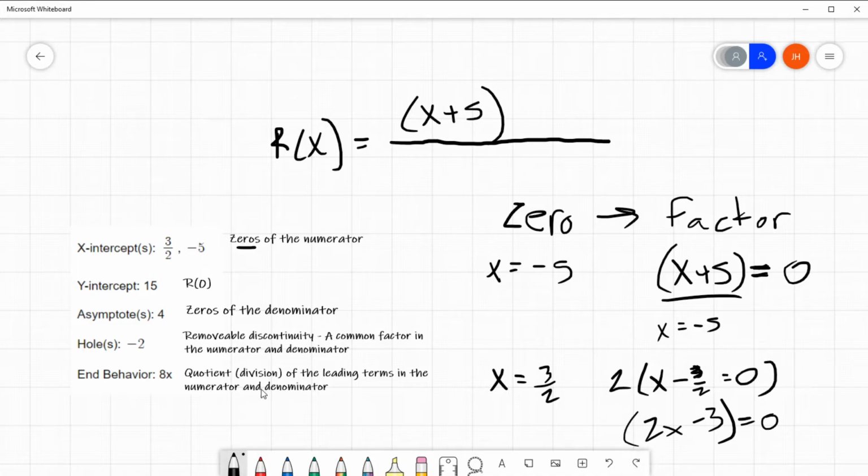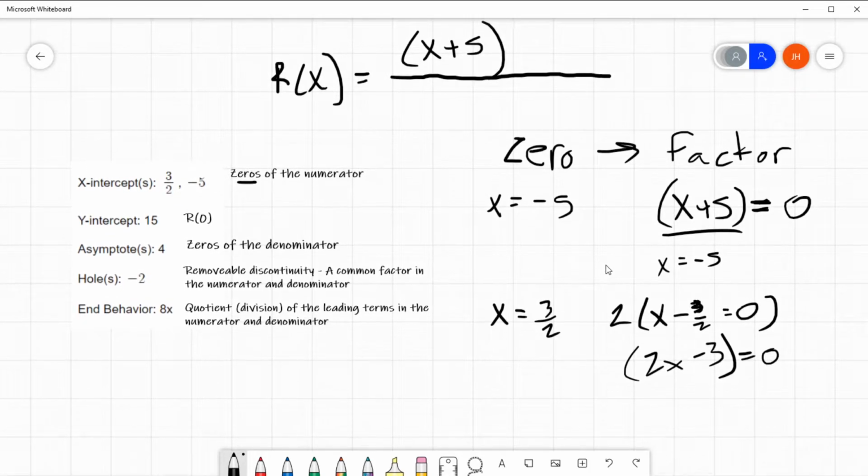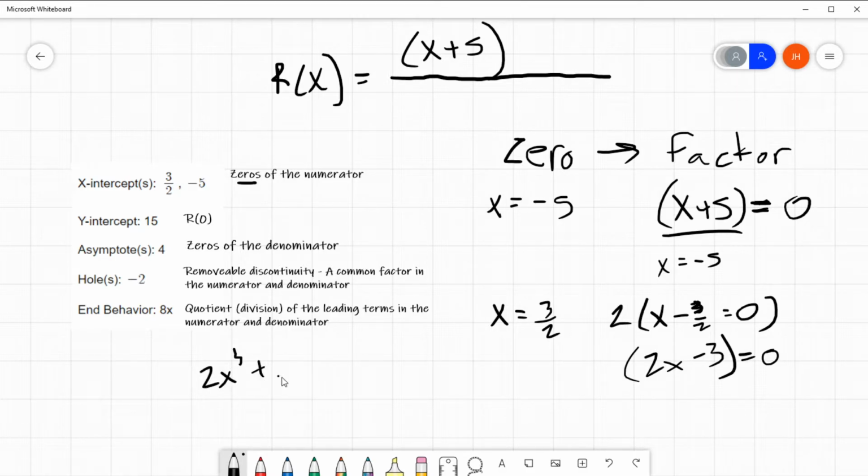And you'll notice this in general. It's actually very similar to why, when we did the rational zeros theorem, I had to take the factors of 5 over the factors of 2. Why did I do that? Because there was a coefficient in front of my x cubed.